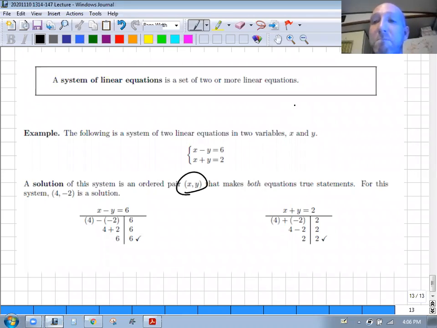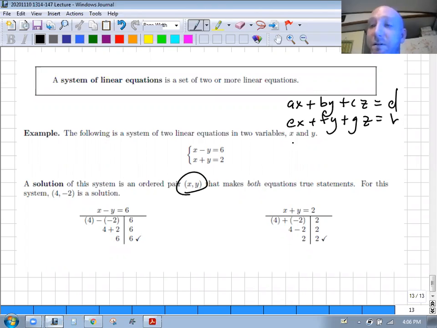If you had, let me put it this way, ax plus by plus cz equals d, ex plus fy plus gz equals h, and jx plus hy plus kz equals L. All right, x, y's, and z's.